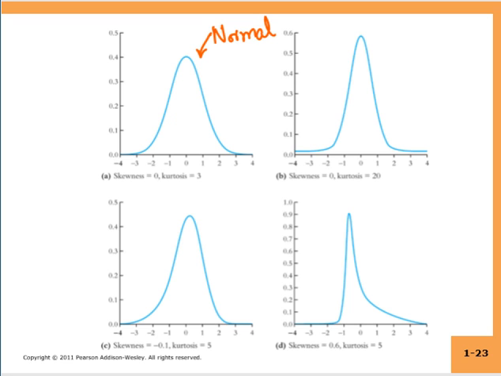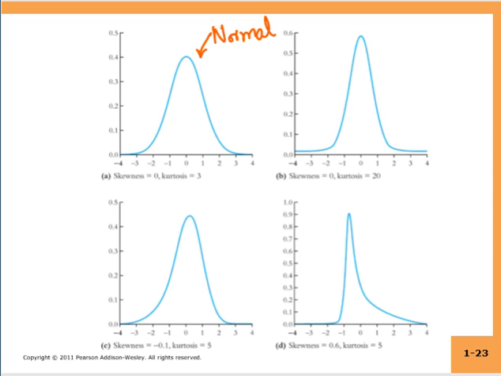Here skewness is 0, you will see that it's still a symmetric distribution, but it is more peaked. Remember that the probability is the area under the curve. So if it becomes thinner over here, the area under the curve becomes smaller.